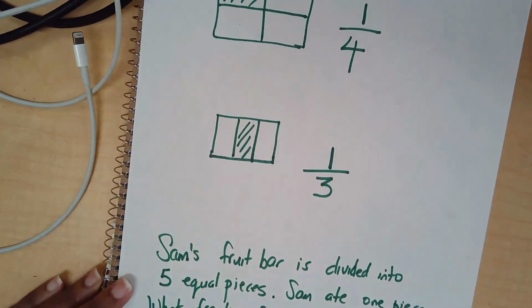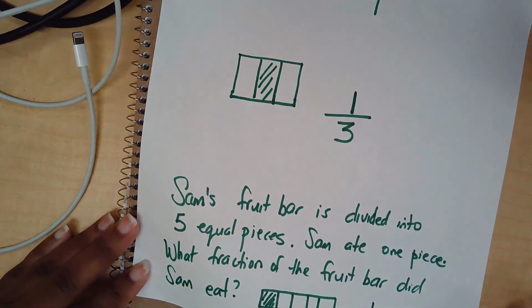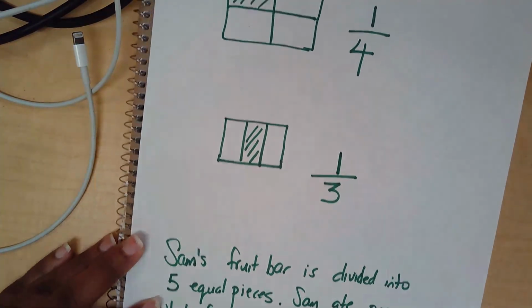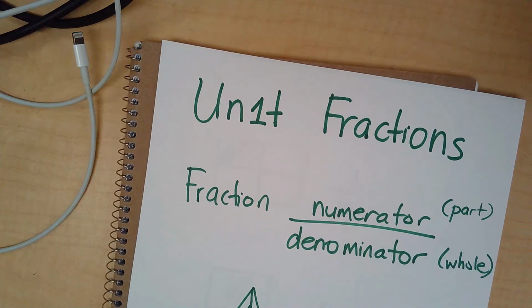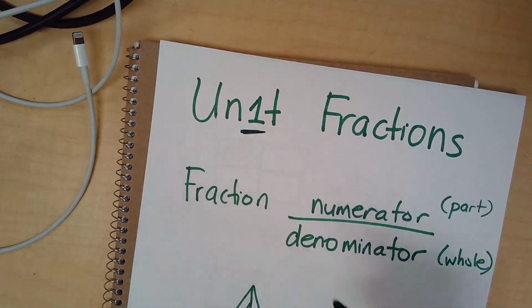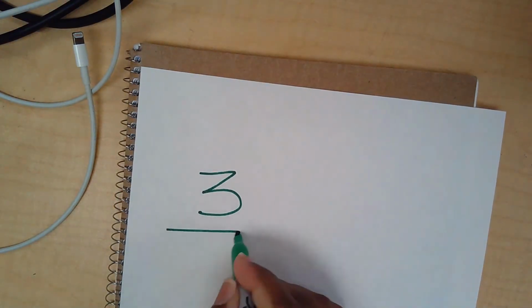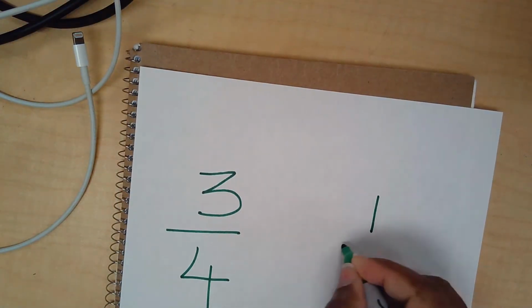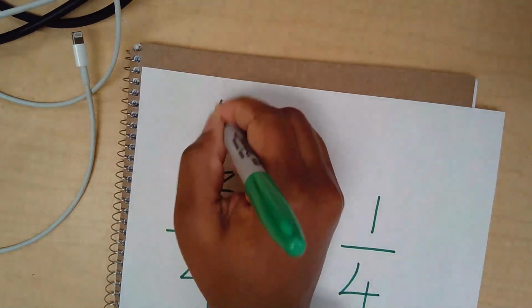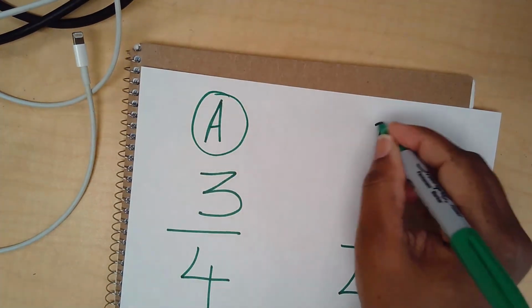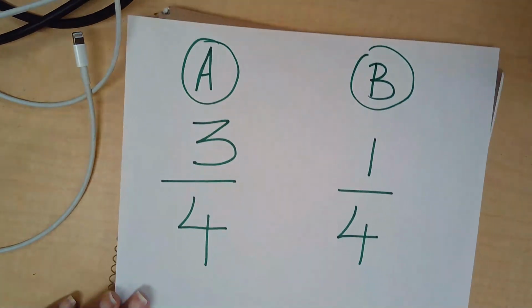I'm going to stop it right there, but I want you to understand one thing about unit fractions. It must have 1 as its numerator. Always, always, always. I'm going to leave you with 2 fractions, and I want you to tell me which one is a unit fraction.